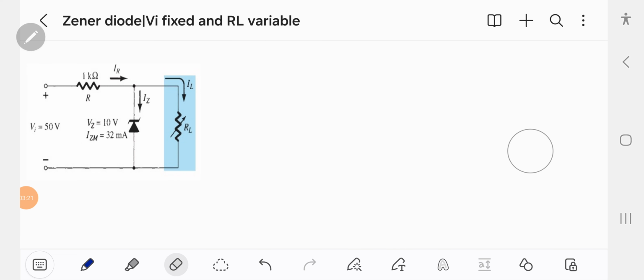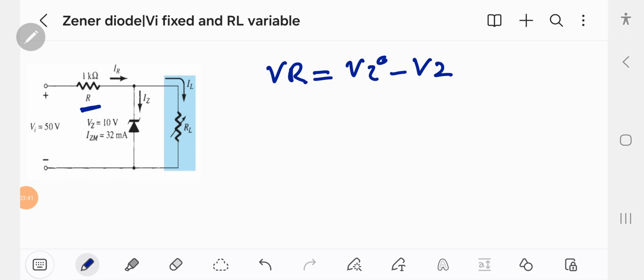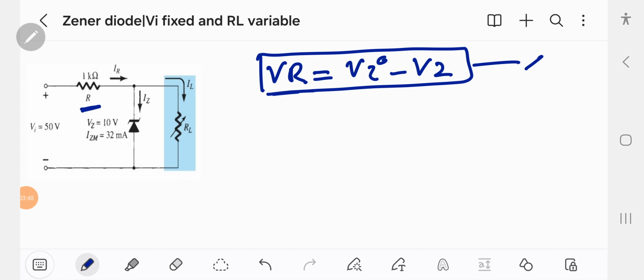Now we will tell you first all the equations, then we will start to solve the circuit. So what happens? This resistance is actually constant, this will remain constant. So how we can find this voltage drop? This voltage drop is actually equal to this one.